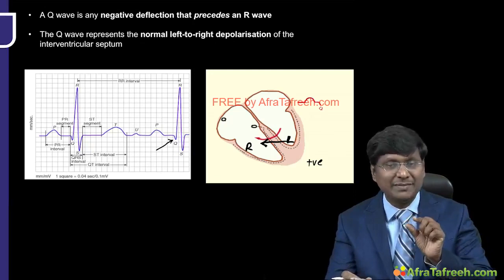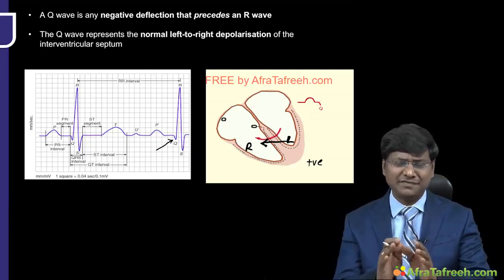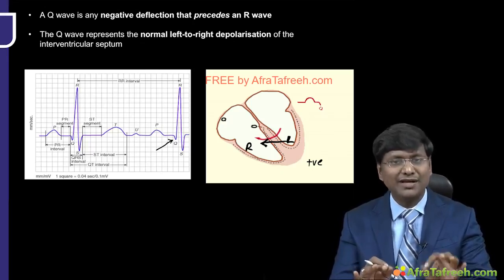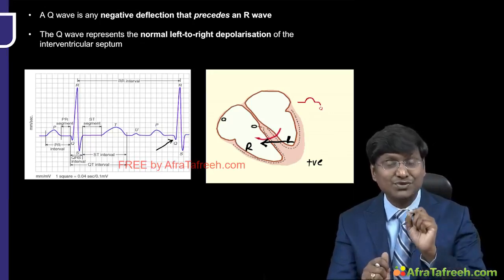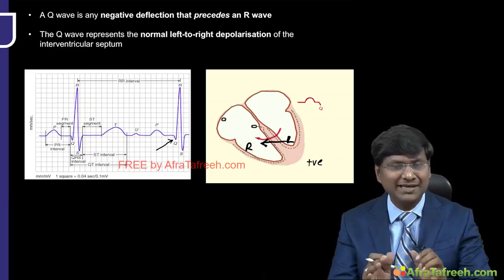Now what will be the amplitude of this particular Q wave? The amplitude of the Q wave is different in different leads, but overall the Q wave is very small. You should also understand why the Q wave is very small in all the leads.